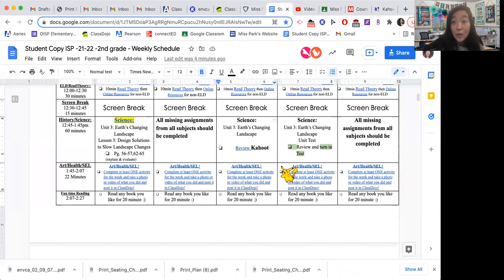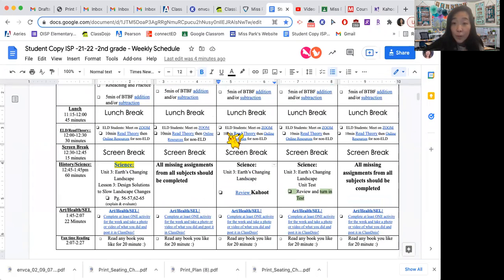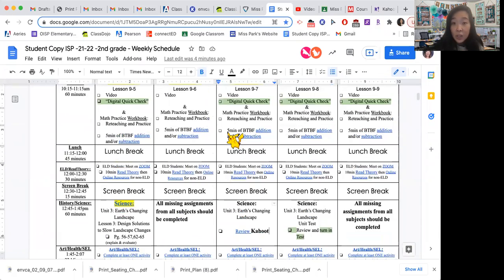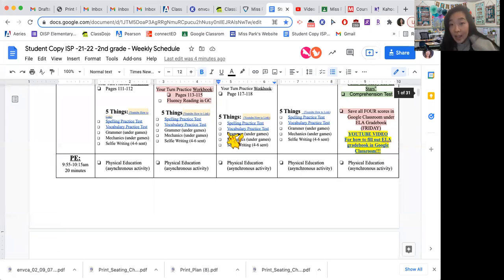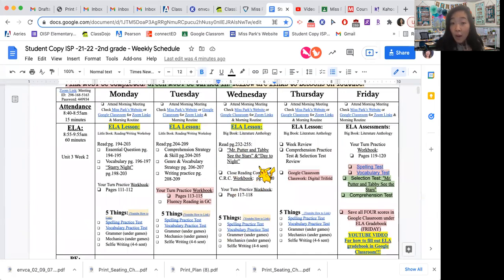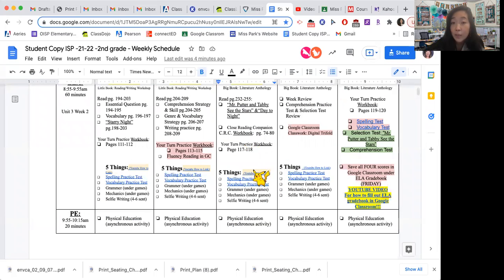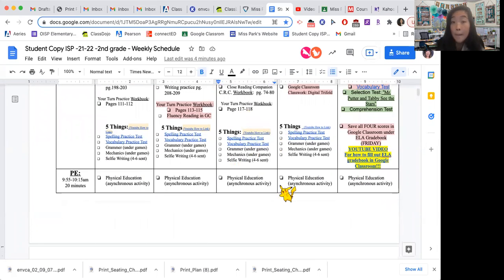Now, I know that it is picture day today. So if you have any questions, you can stay. If not, you can get ready for picture day. And then when you come back, you can work on any incomplete activities. I know many of you have to do your CRC, your closed reading companion. Some of you did not finish your turn. Many of you, I did not see working on your 5 things.